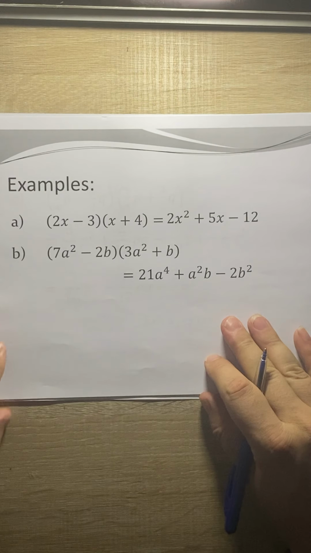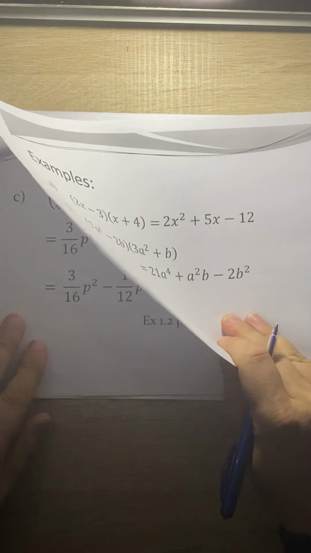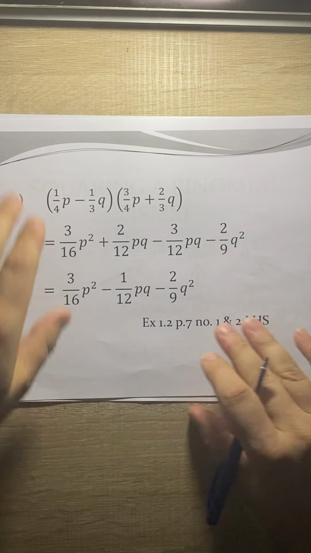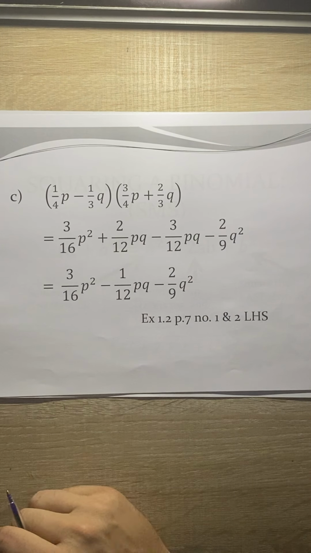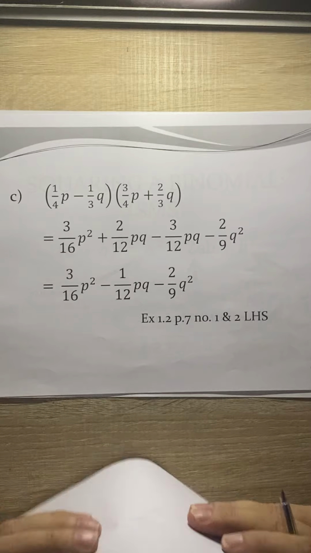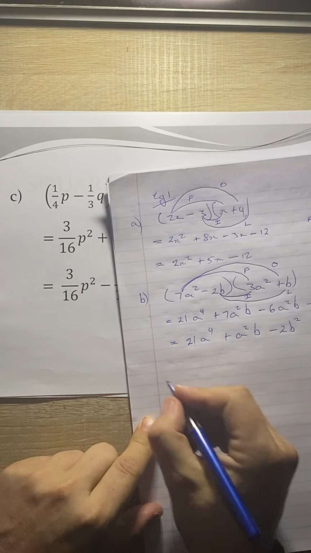Moving on with the slides. Okay, so this looks like a little bit of a complex one. It's not too bad, just remember, FOIL. So I just want to copy it down and then we can work through it together.